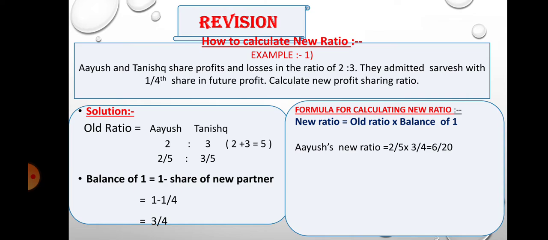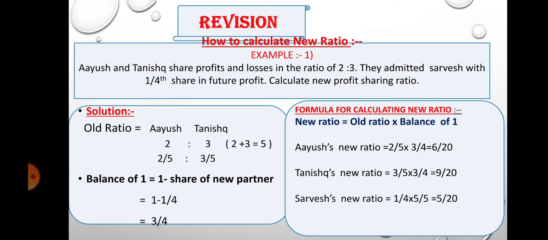Ayush's new ratio is 2/5, the old ratio, into 3/4, the balance of 1, is equal to 6/20. Tanish's new ratio is 3/5, the old ratio, into 3/4 is equal to 9/20. Sarvesh's new ratio is 1/4, the future share of the new partner, into 5/5 is equal to 5/20.